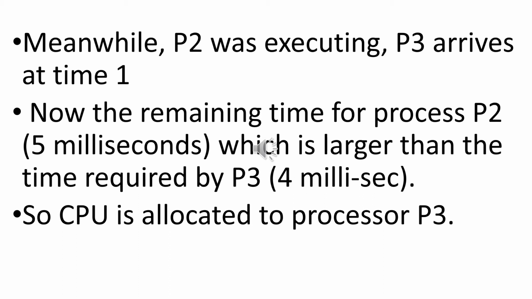Meanwhile, while P2 was executing, P3 arrives at t equal to 1. Now the remaining time for process P2 is 5 millisecond, which is larger than the time required by P3, which is only 4 millisecond.